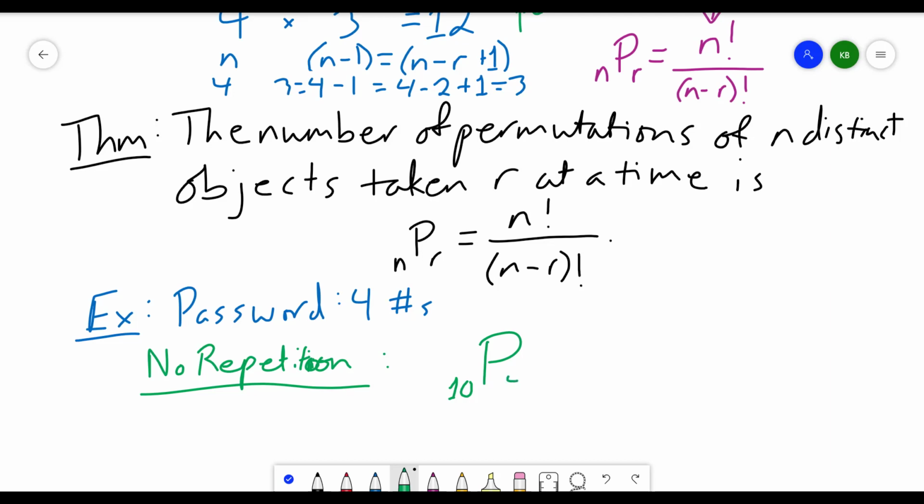I need 4. So this is a permutation of size 4 from a set of 10 objects. And I plug these numbers in then. So n was 10, so I have 10 factorial. And I'm going to divide that by, again, n was 10, so I'll plug in 10. And r was 4, so I'll plug in 4 factorial.